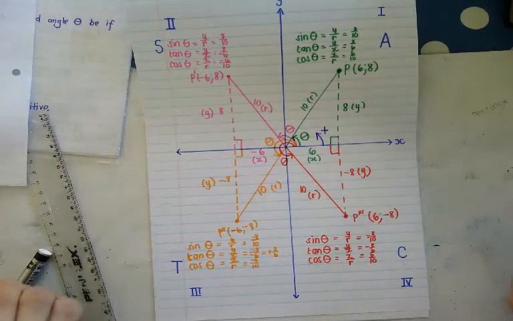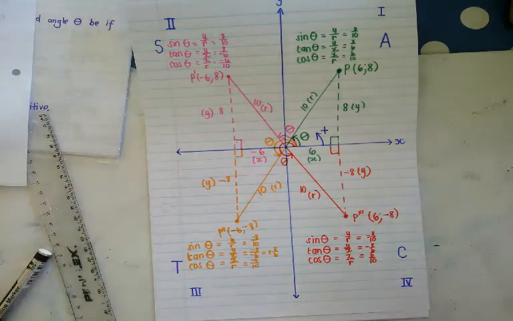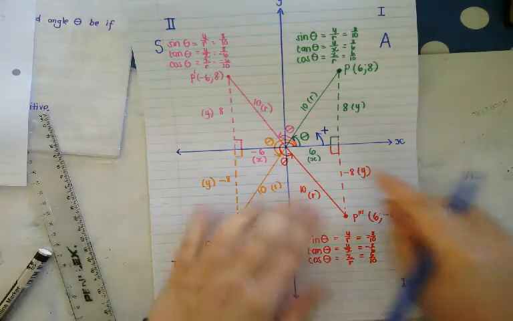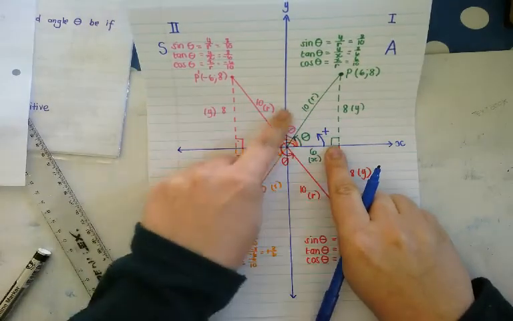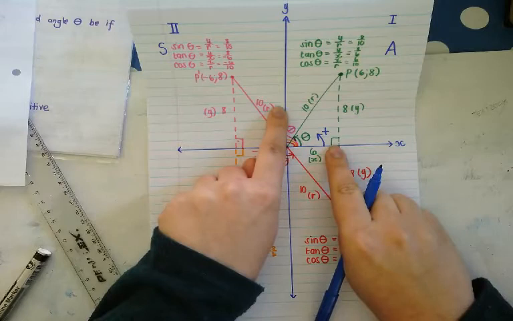Now, before we move on to some notes, we can also assign degrees, right? So if I went from my x-axis to my y-axis, how many degrees have I moved through? 90 degrees.